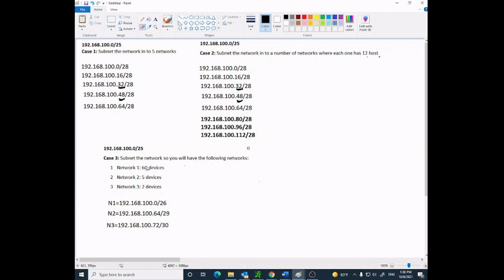So we are not necessarily getting the exact same answers. But here's one thing you should know: if you miscalculate any of these things that we just did today, and you try to apply that miscalculated IP address in your Packet Tracer, Packet Tracer is going to just throw it back to you. It would not accept it.